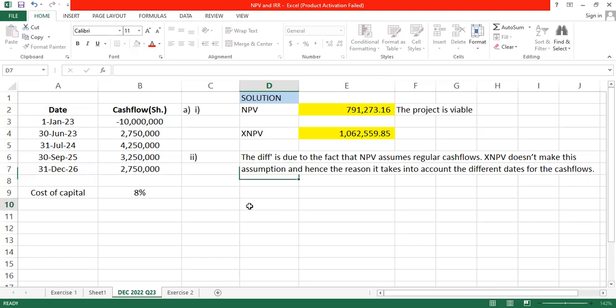So that is the reason why the two differ.